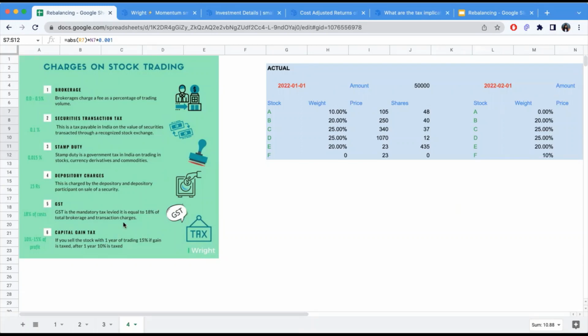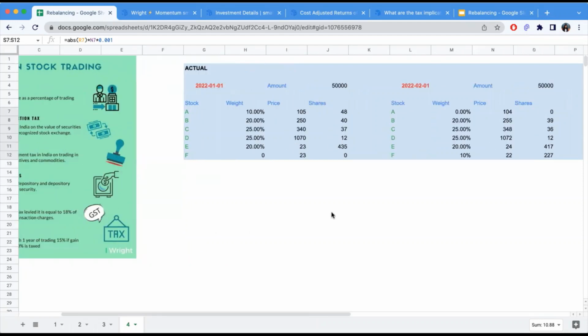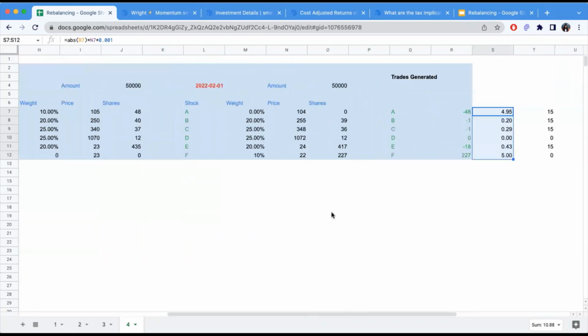So the costs associated with trading are your brokerage costs, your security transaction costs, your stamp duty, depository charges, GST, and taxes, right? So if you look at this example that I showed you previously, we wanted change only in A and F, but suddenly 3 other changes have come up.